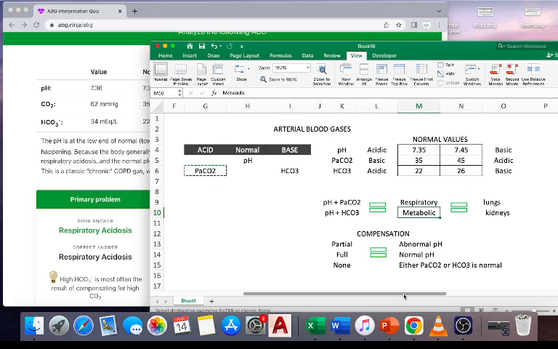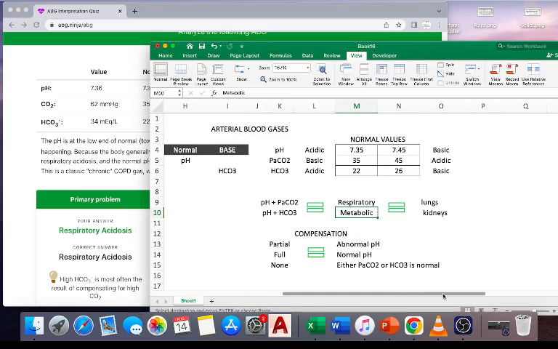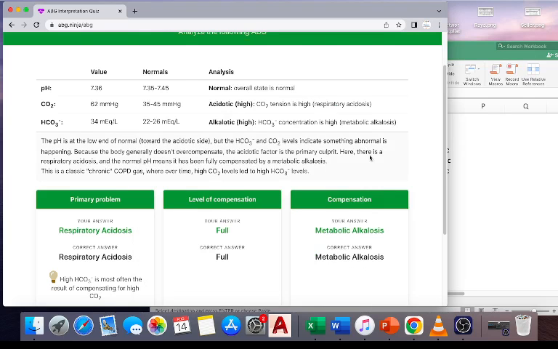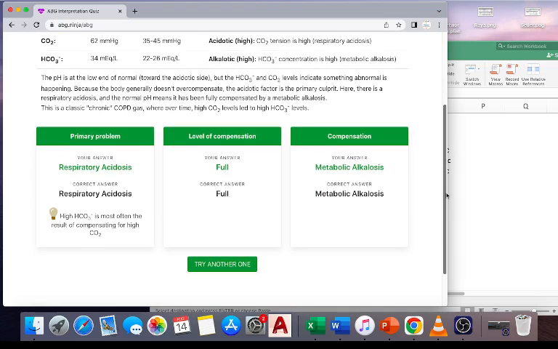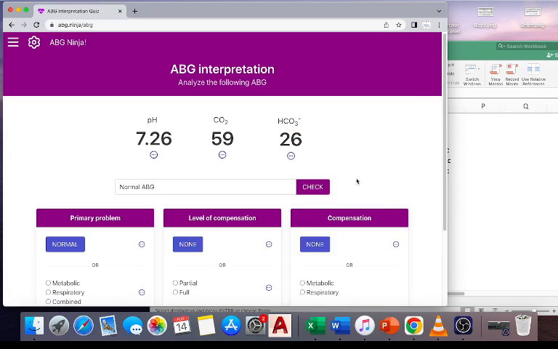So it's like a tug of war. If there's a problem with the respiratory, then the compensation would come from the kidneys or metabolic. If there's a problem with metabolic, then the compensation would come from the respiratory to balance the values. Okay, so let me try the last one.